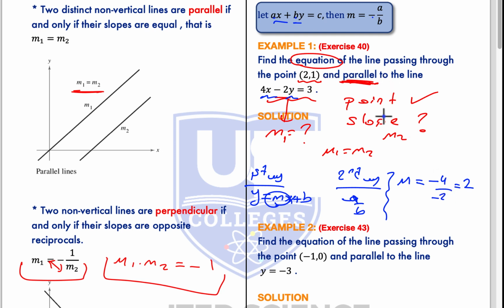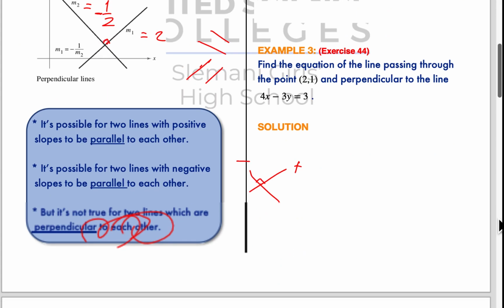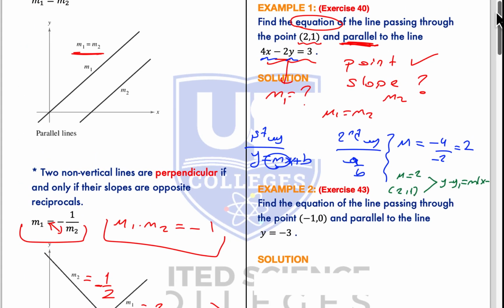So I know the point, I know the slope, I can write the equation. I know the slope, I know the point, 2 comma 1. So by using these two pieces of information, I can write my equation. Remember the rule for finding the equation: y minus y1 equals m times x minus x1. I need some space, so I will erase these.